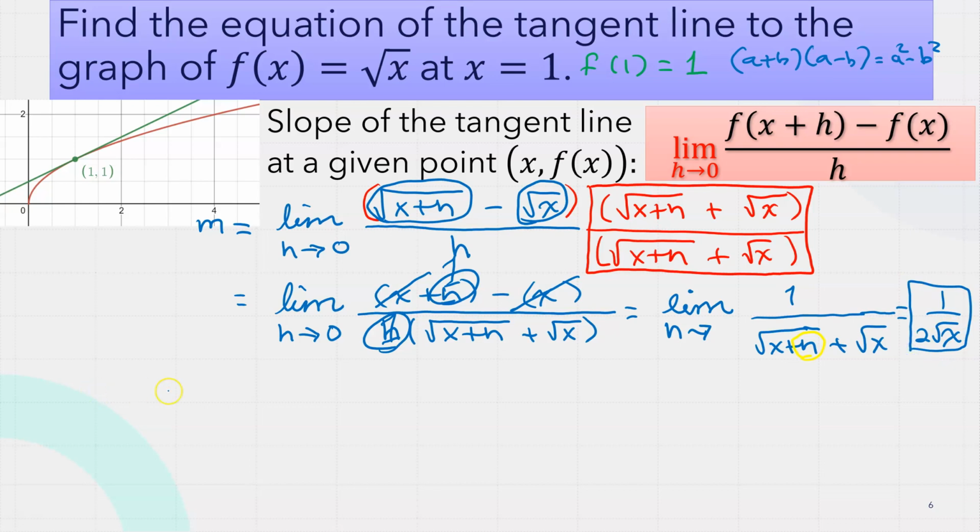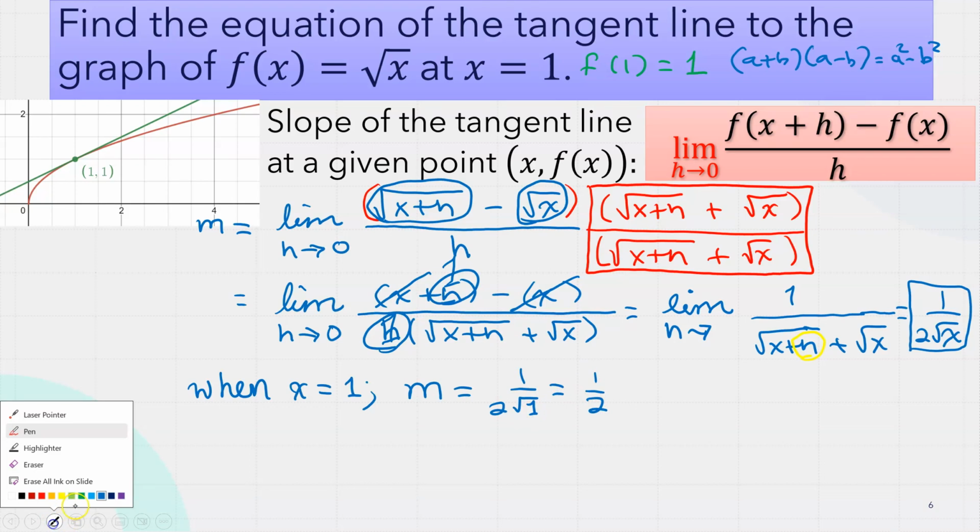Okay, so when x is 1, your slope would be 1 over 2 times square root of 1, which is 1/2. And then again, we could say y equals mx plus b.